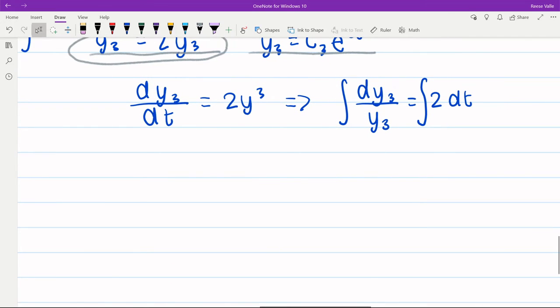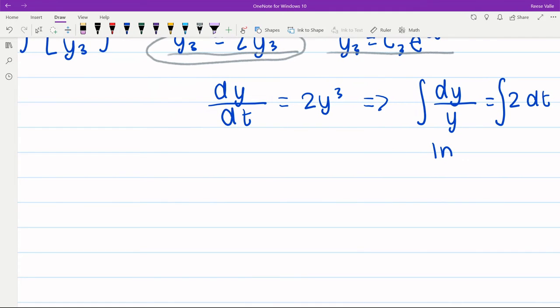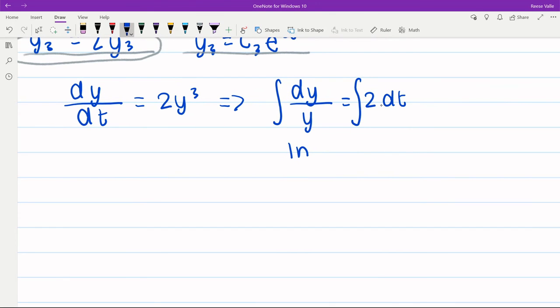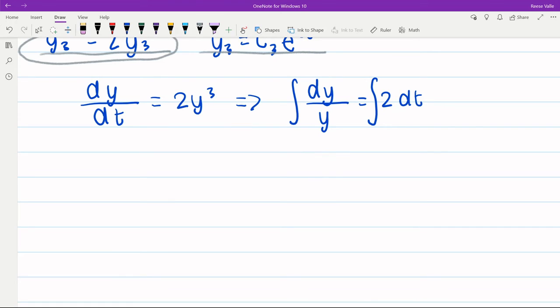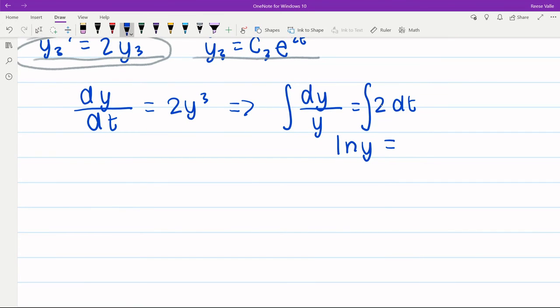And so this is going to turn into ln. I'm going to make this y for simplicity's sake, but just remember that it's technically y sub 3. So ln of y equals 2t plus c. You only need one plus c in this case. Just a little reminder.